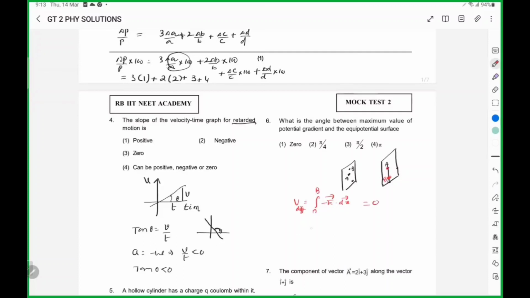So this is 0, which implies E dot dx is 0. So E dx cos theta is 0. Neither E nor dx is 0, so cos theta is 0. That means theta is 90. So for the maximum value of potential gradient, the angle between potential gradient and the equipotential surface is 90.